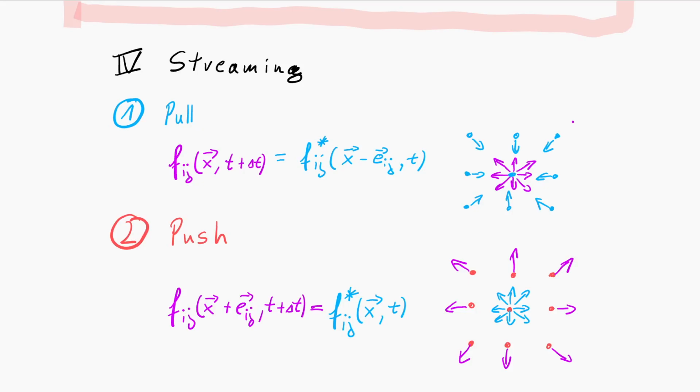What the pull scheme does is it takes information from neighboring nodes and pulls it from there and puts it back to the position of interest, which is then this one. And the push scheme takes the information from a node and transfers this to all the neighboring nodes that are connected with it.